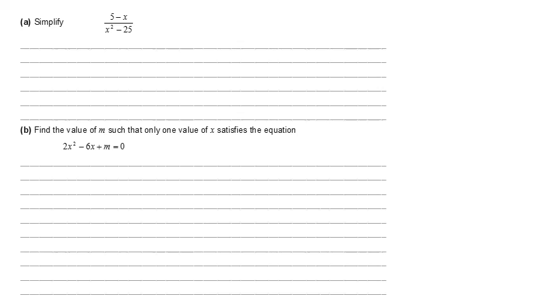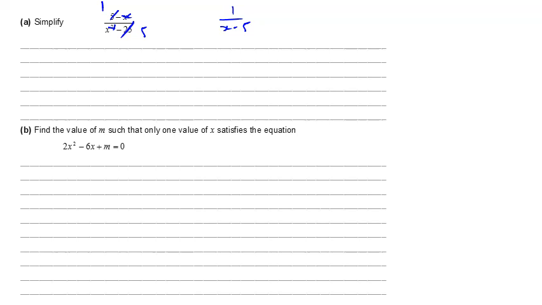Alright, simplify. Now, if I see someone do this again, I will probably have a look at my future in teaching. Please do not just cross out x's like that. Please don't go, well that's a common factor with that and that, so that's going to be a 1 and that's going to be a 5, so it's 1 over x minus 5.